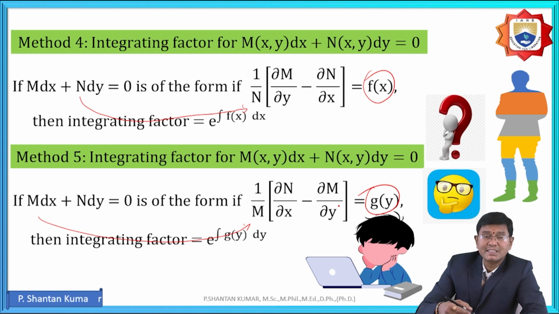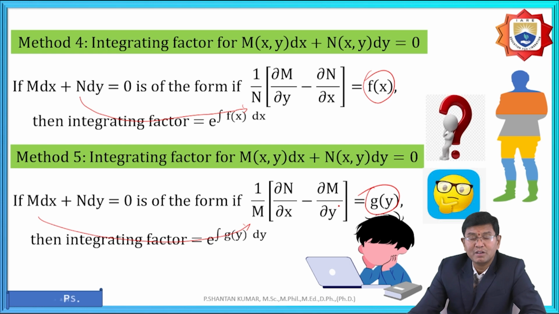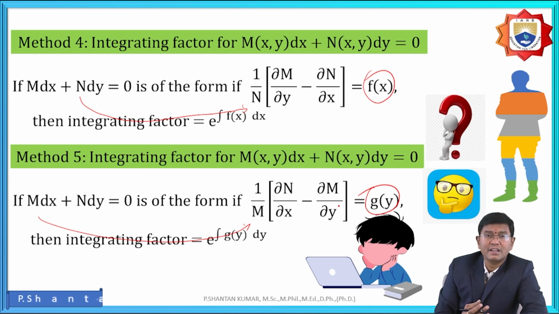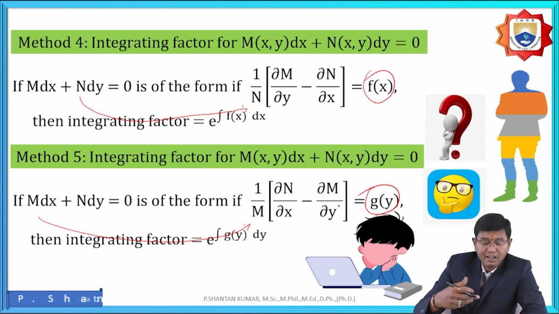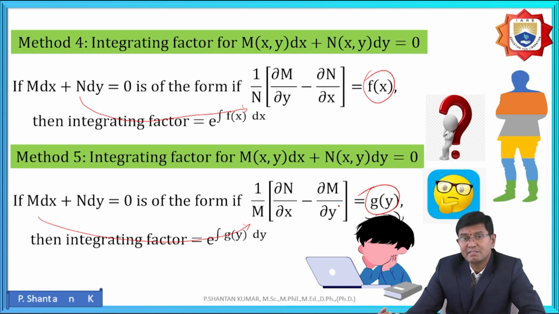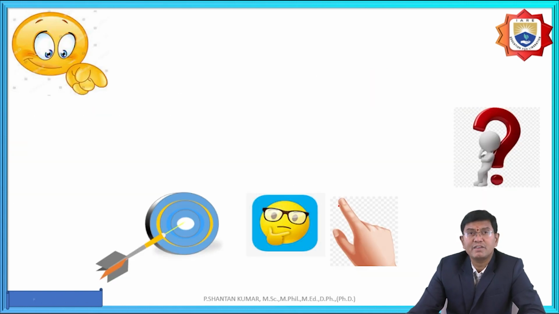It may not be exactly 1 by M and 1 by N, but chances are there it is like 1 by M and 1 by N. That is tentative, and we need to check it properly. These are the 5 methods we use with the help of integrating factors whenever the equation is not exact.